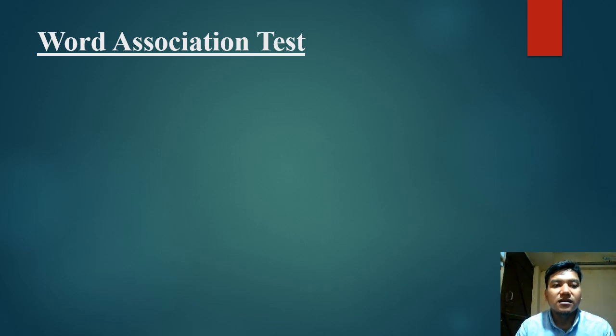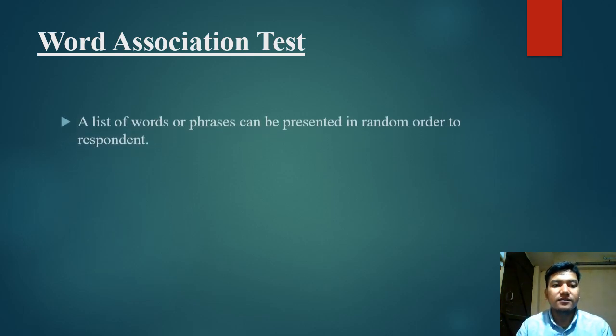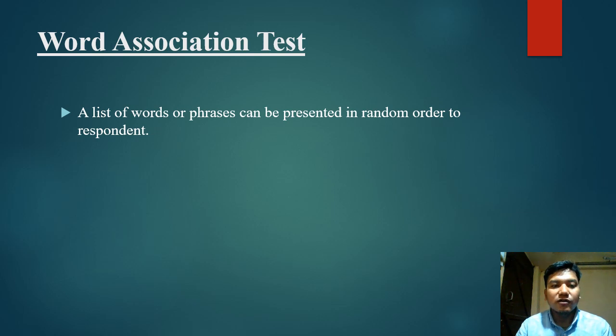The next is the word association test. A list of words or phrases can be presented in random order to the respondent. Here in this test, a list of words or phrases is given to the respondent. For example, randomly I will say a word like city. When I say the word city, the respondent will automatically say what comes to his mind first based on city.